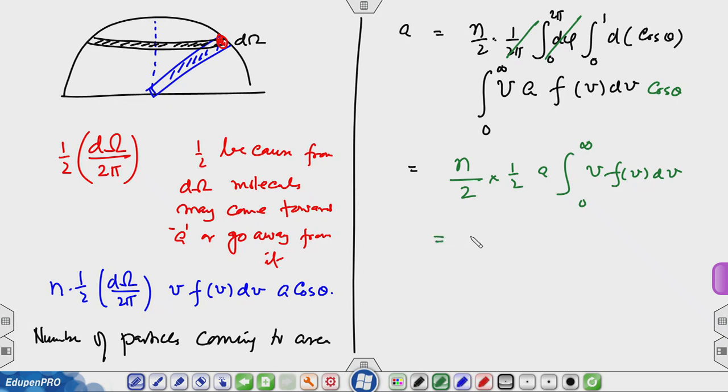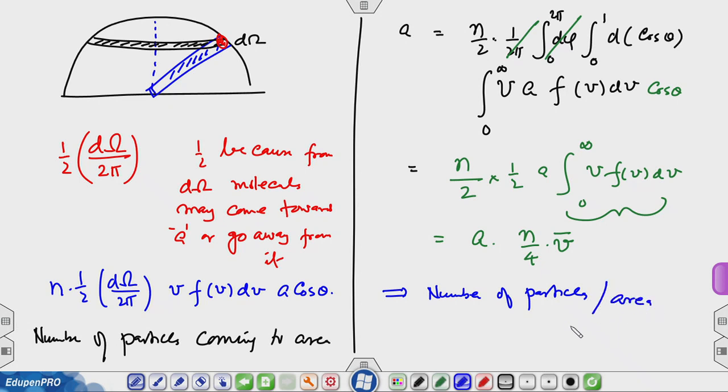So this is A, the area, times n by 4, times, by definition, the average speed. This means the number of particles coming to this small area A per unit area is going to be n by 4 v bar.